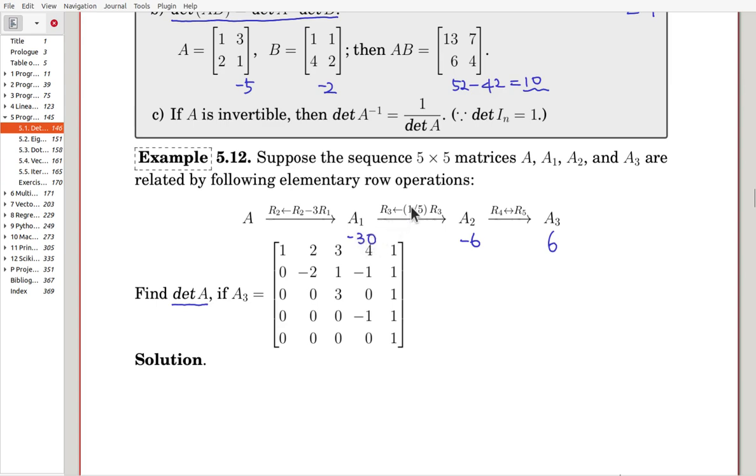Now that is a replacement operation, so the determinant is not changing here. So the determinant of A is minus 30. Right? Okay, that's the end of the section. Thank you.